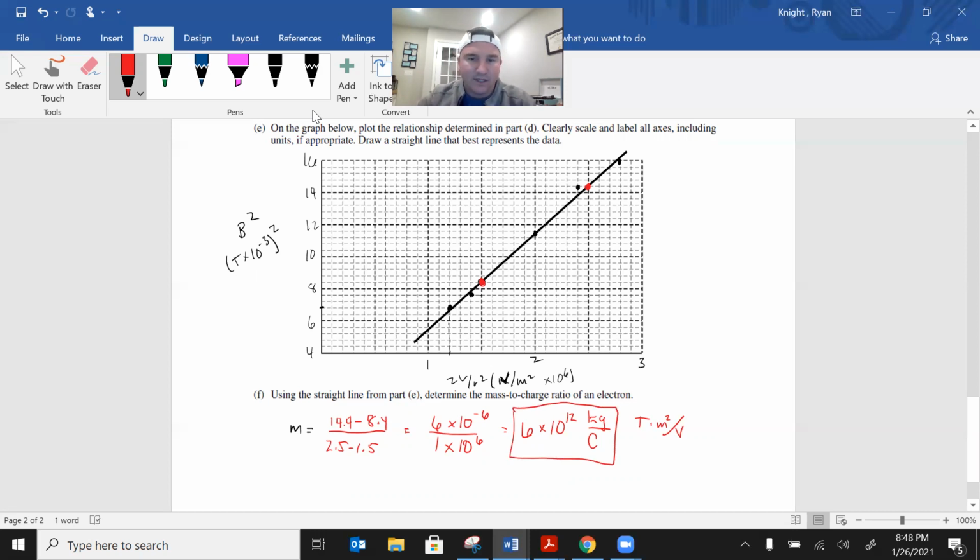If you wanted to, we could take 9.11 times 10 to the negative 31st and divide that by, mass to charge, divide that by 1.6 times 10 to the negative 19th, and we get 5.69 times 10 to the negative, so 5.7.